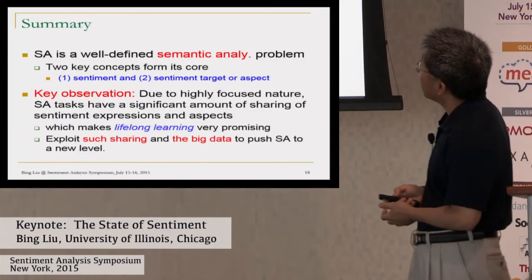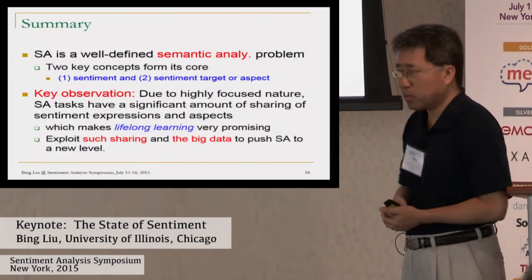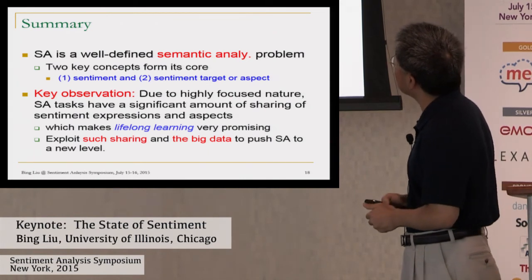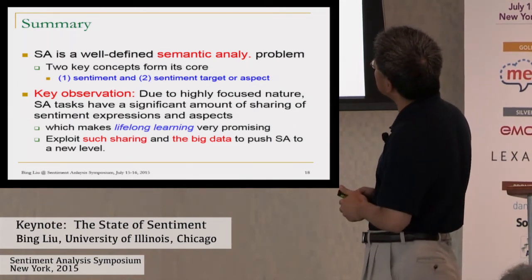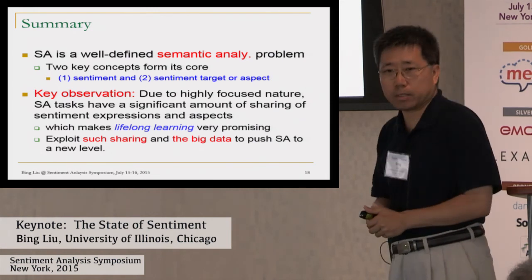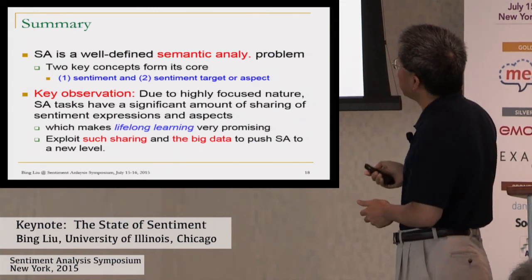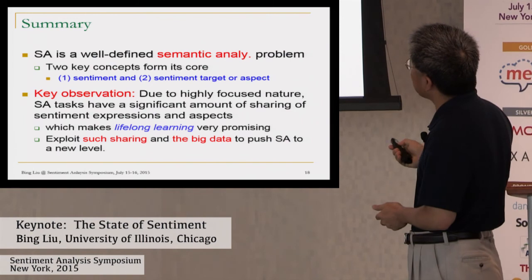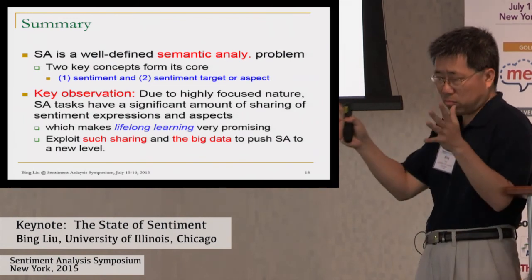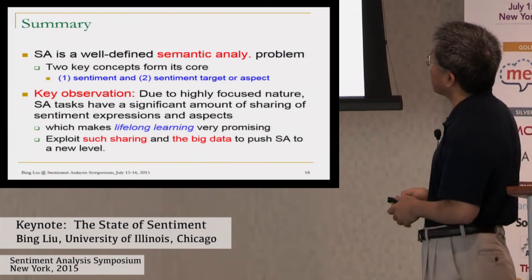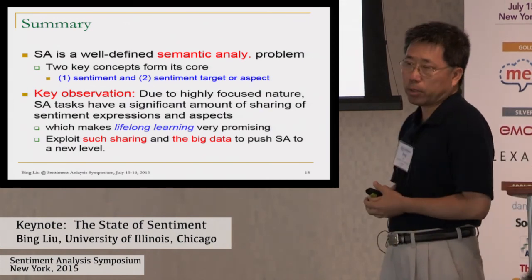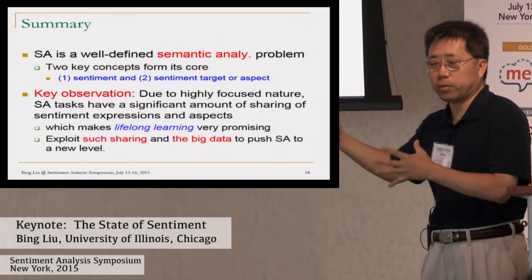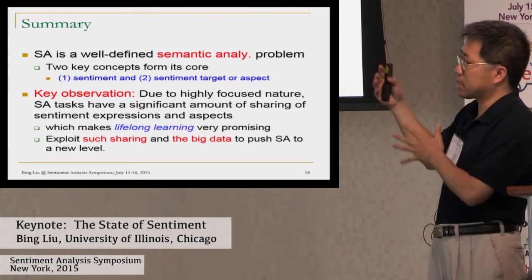All right. So I'm just trying to summarize 20 minutes, and it's just about the right time. It's quite a well-defined semantic analysis problem. And there are two key aspects, sentiments and the sentiment targets, right? Much of the research is focusing on this. And I was trying to say we're going to use lifelong learning, which is going to push us to the next level.